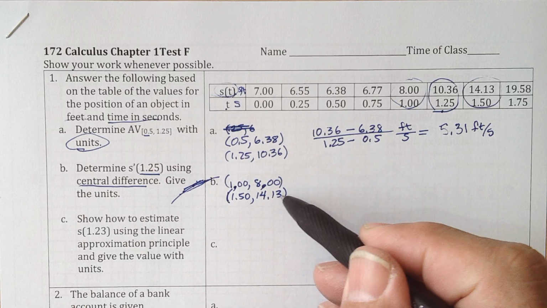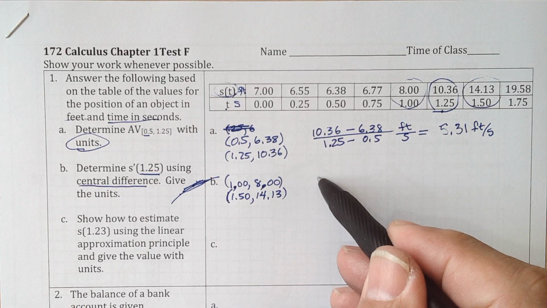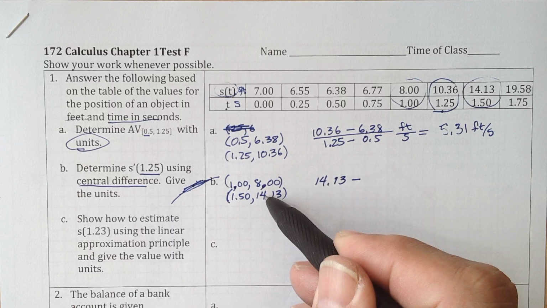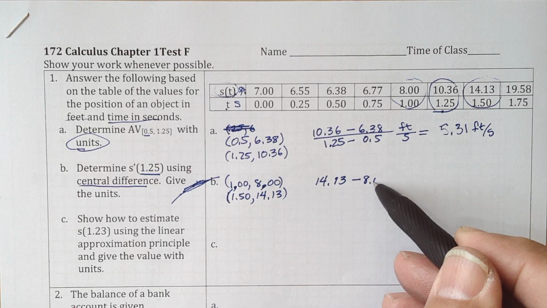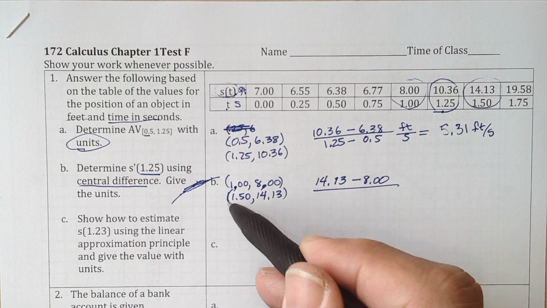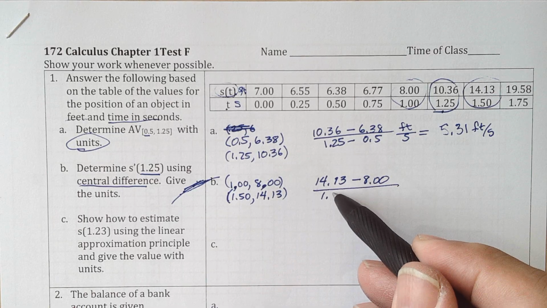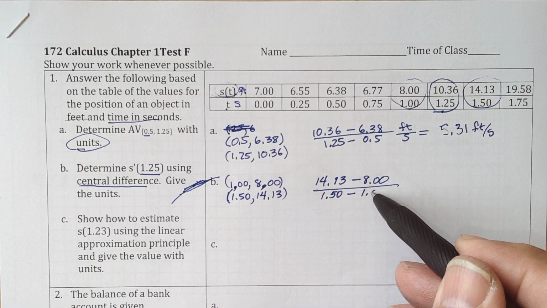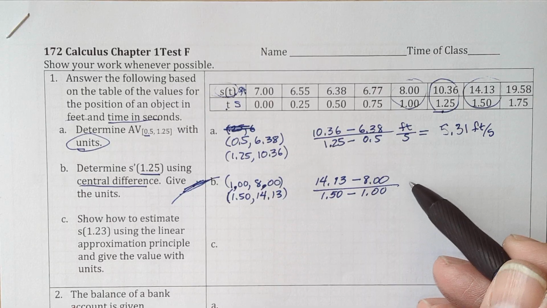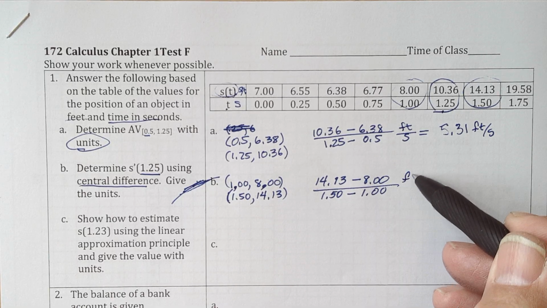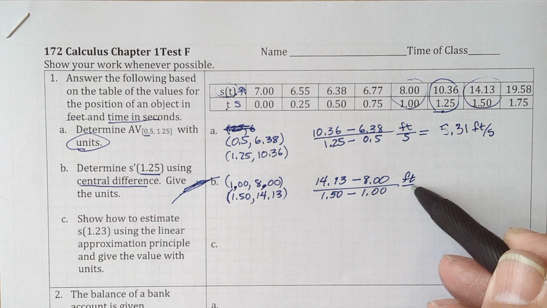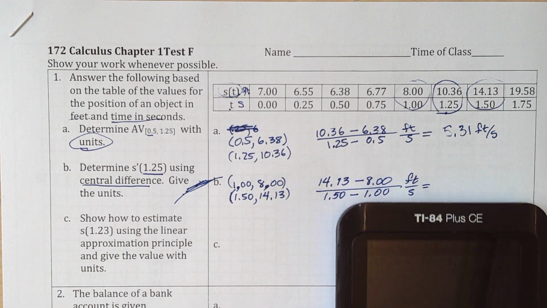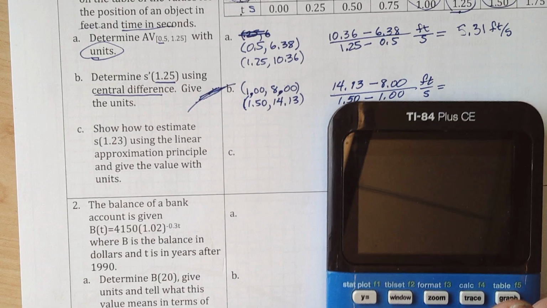So the slope between these, y2 minus y1 over x2 minus x1. And this would also be change in the feet over change in the time. So the units will be that. Let's do this calculation.